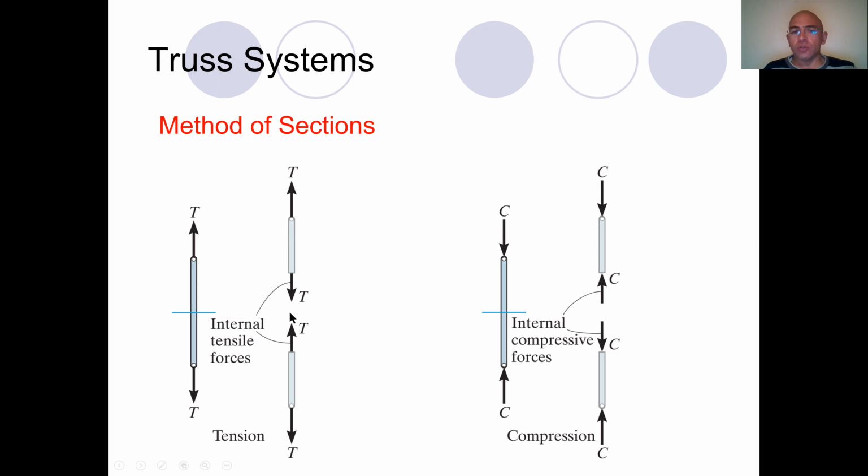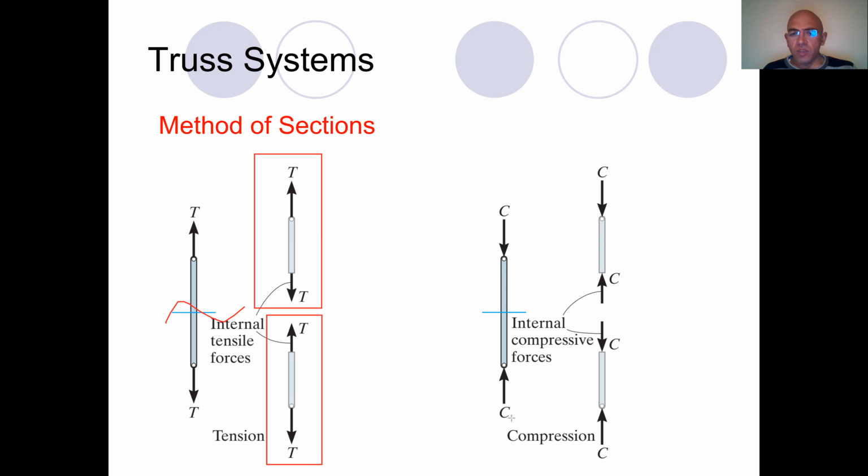And regardless of the location that we cut the structure, each piece, each part has to be in static equilibrium again. So basically, this means that this part has to be in static equilibrium, and the other part has to be in static equilibrium as well.